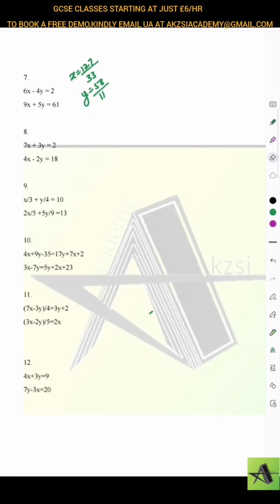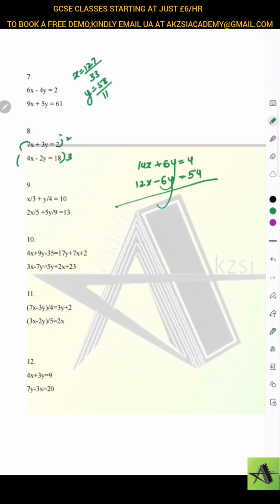Now here clearly we can see that we can easily make the coefficient of y same, obviously, because their LCM is just 6. So for that I'm just multiplying the upper equation with 2 and the bottom one with 3. So that will give me 14x plus 6y is equals to 4, and the bottom one will become 12x minus 6y is equals to 54.